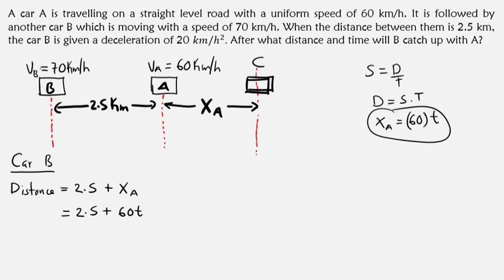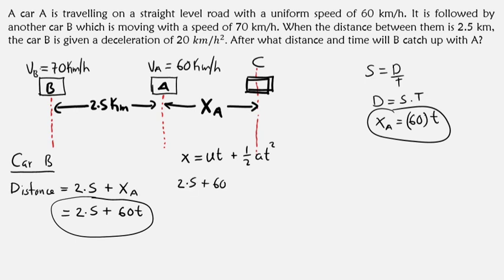Now we're still focusing on car B. For car B, we can use this equation: distance covered is equal to velocity times time, plus half a t squared, because remember, car B has an acceleration. So where there's x, I'll replace x with 2.5 plus 60t.